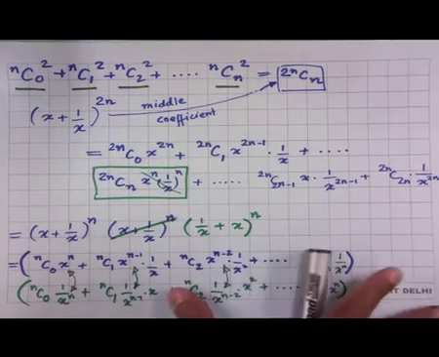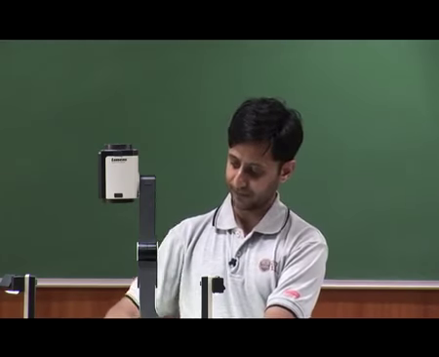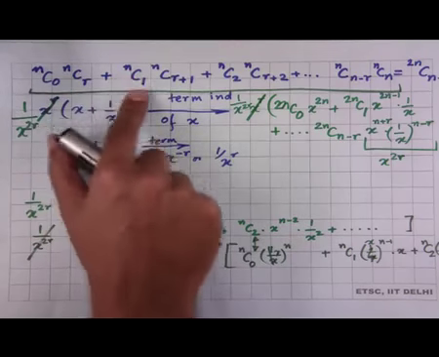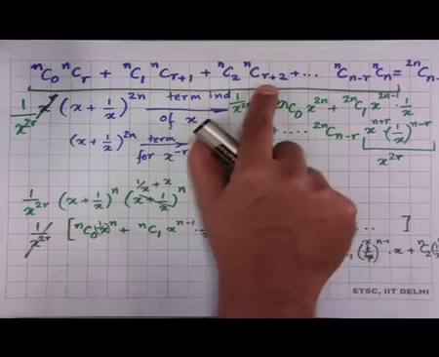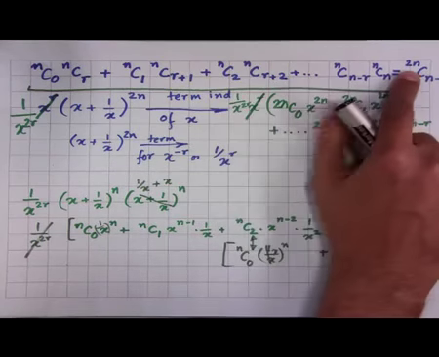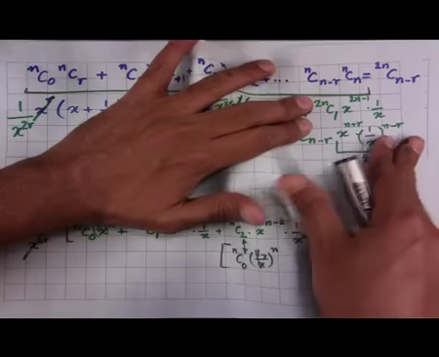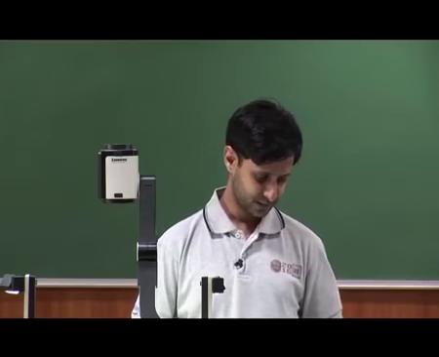You can generalize this a little bit further, and we got the above result: n c 0, n c r, n c 1, n c r plus 1 shifted 1, n c 2, n c r plus 2 and so on, that is equal to 2n c n minus r. So, this was also a result that we got.